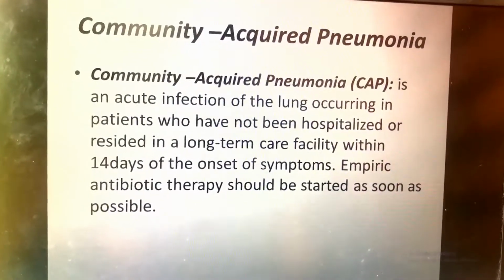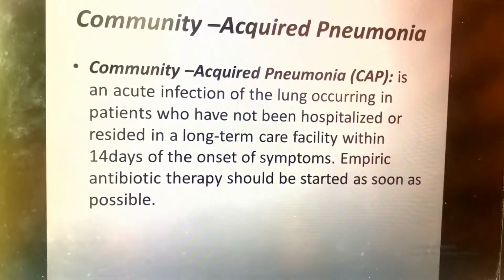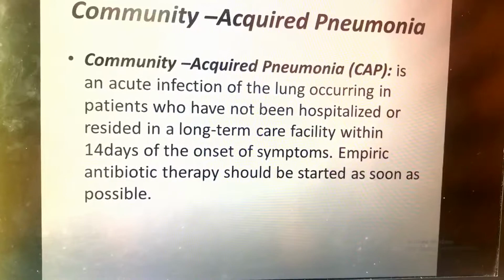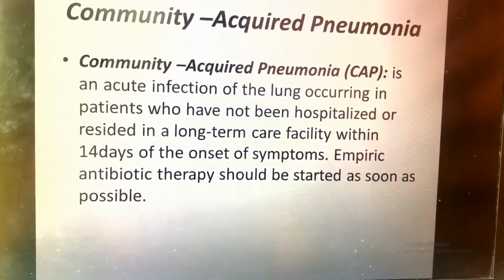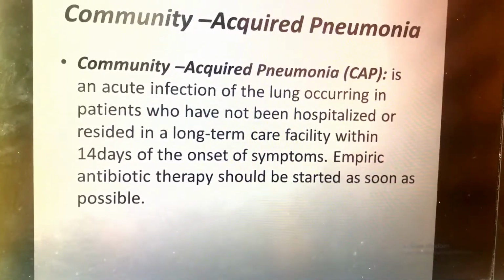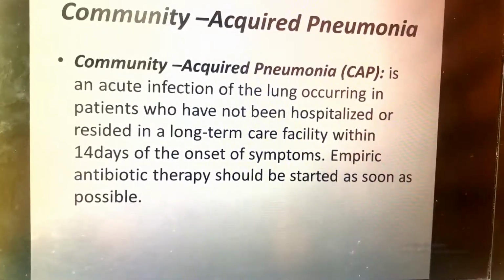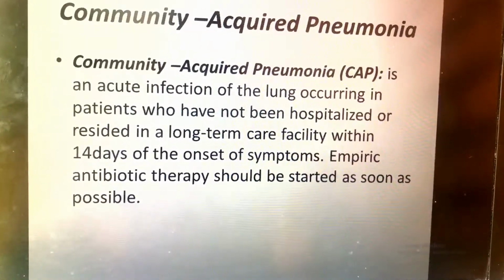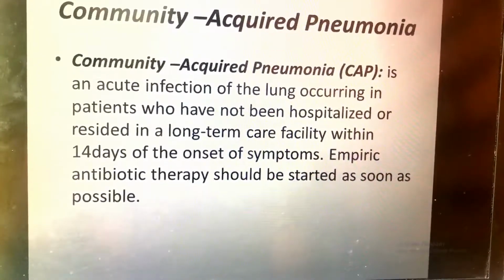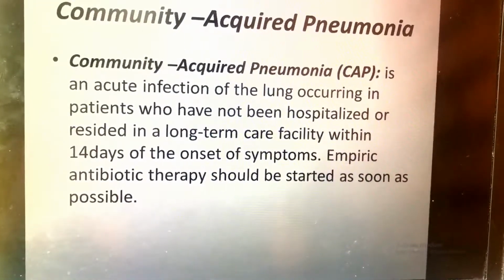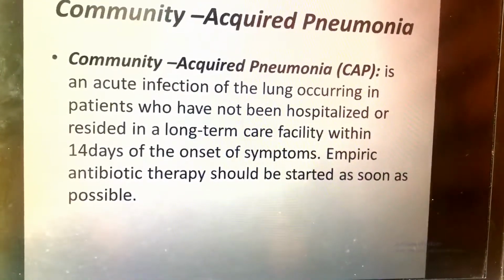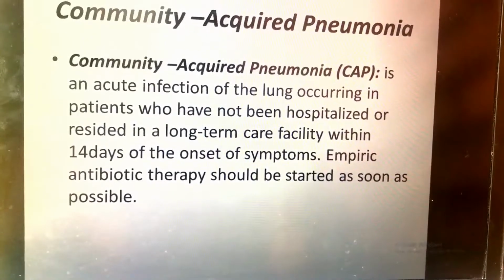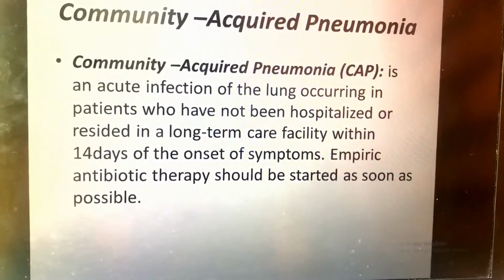Community-acquired pneumonia is an acute infection of the lungs occurring in a patient who has not been hospitalized or resident in a long-term care facility within 14 days of the onset of symptoms. Empiric antibiotic therapy should be started as soon as possible.